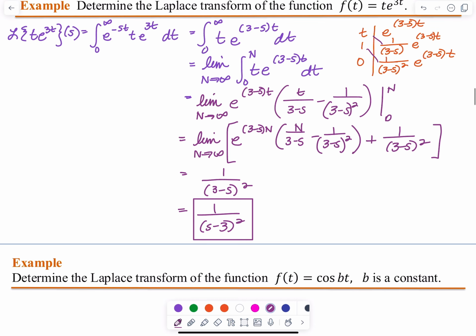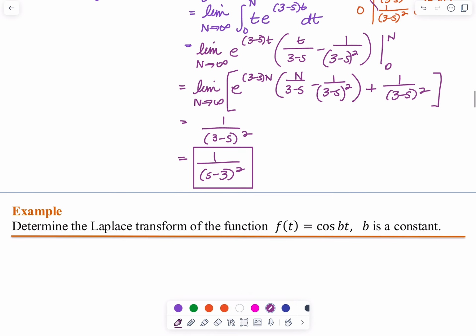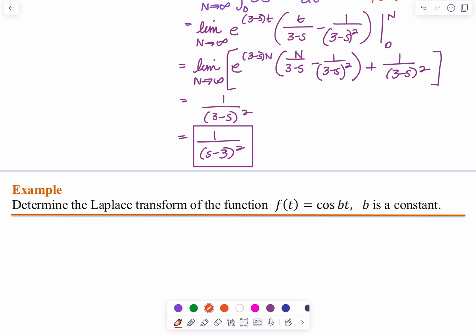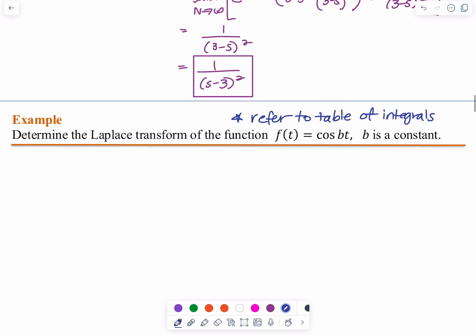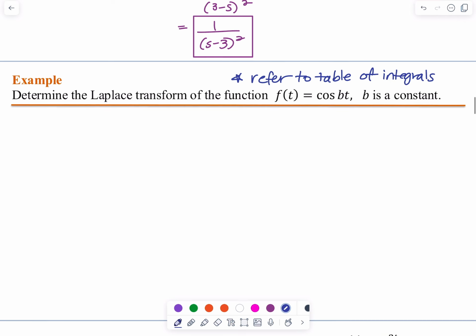Okay. In this next problem, we will be referring to the table of integrals for the integration. And let's go ahead and determine the Laplace transform of the function f of t equals the cosine of bt.